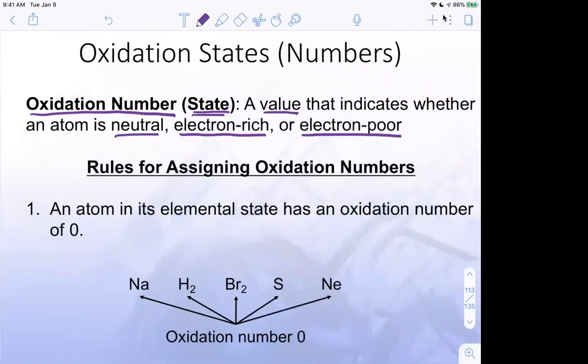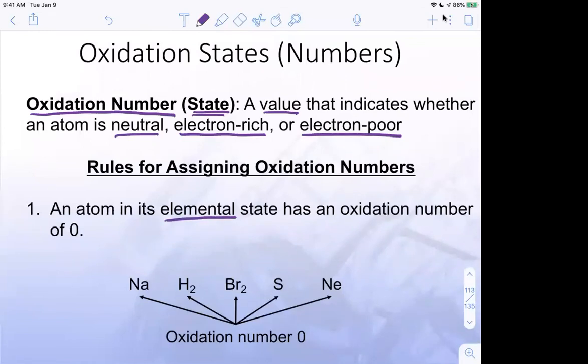So what I want to be able to do is look at these formulas and figure out, do I have a 0 charge, a negative charge, or a positive charge? And then I can track where the electrons are going if I have an oxidation reduction reaction. So let's look at how I assign these.